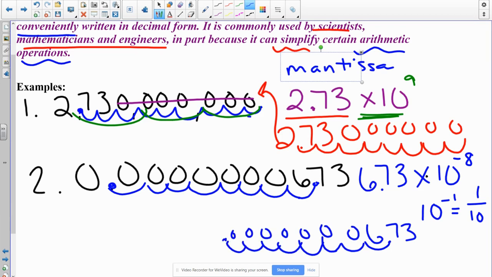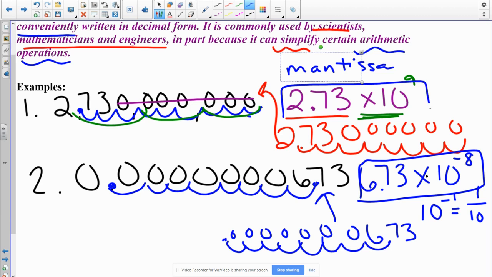And notice when I multiply by 1/10 8 times, or I divide by 10, then I'll move that decimal back to what it looked like in the original problem. So again, notice the pattern here. When you have a larger number, when you move the decimal to the left, the exponent's going to be positive, and when you move it to the right, the exponent's going to be negative.